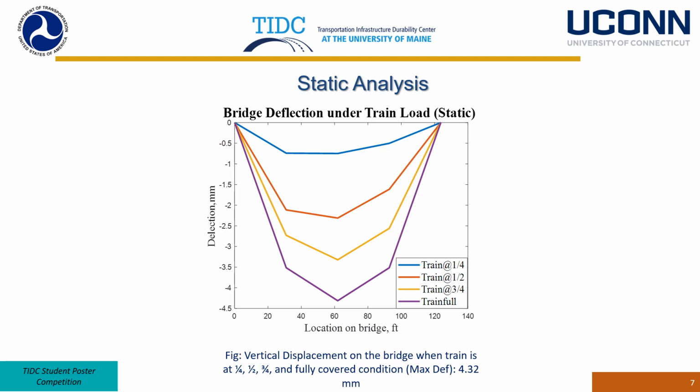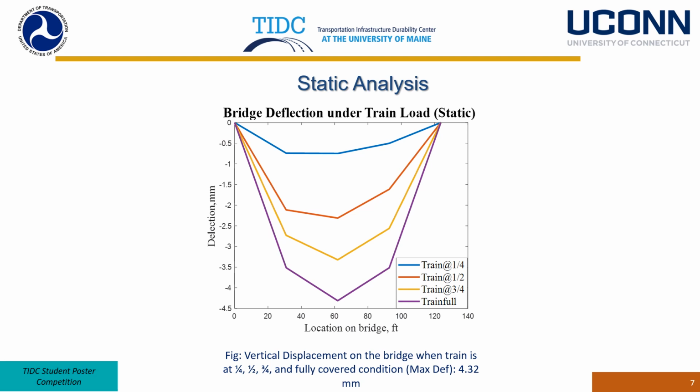And these results are provided by the blue color curve, red color curve, yellow color curve, and finally by the eggplant color curve shown in the figure. As we anticipate, the maximum static deflection at the midpoint occurs when the train covers the bridge fully, demonstrated by the eggplant color curve. And the maximum deflection of 4.32 millimeter was observed at the midpoint of the bridge.